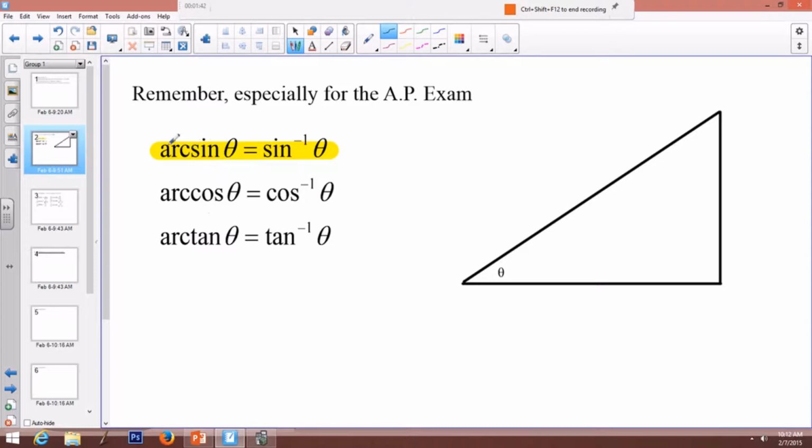So when I say, what is the arcsine of this variable here? And I know I have theta here, and I think that's kind of a misnomer.